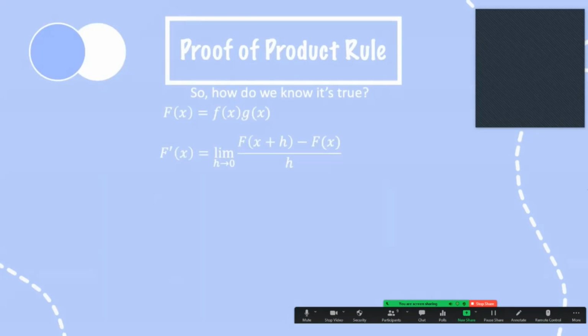Now I'm going to substitute in f of x, g of x for it. So the limit of h goes to 0 of f of x plus h times g of x plus h minus f of x times g of x, all divided by h.